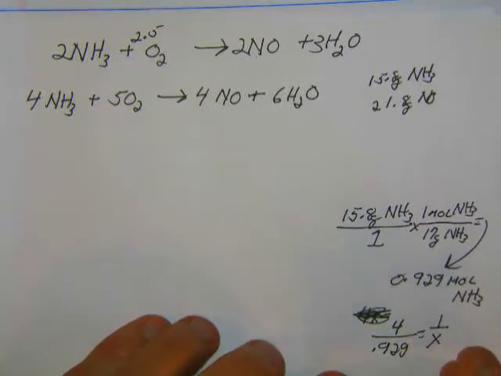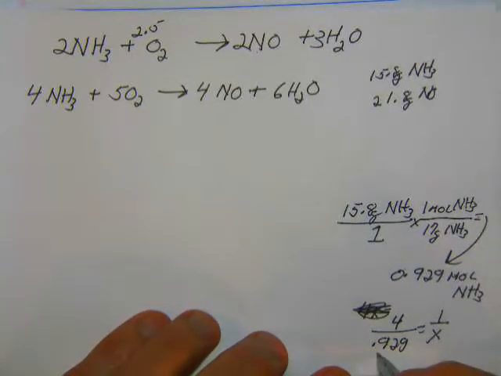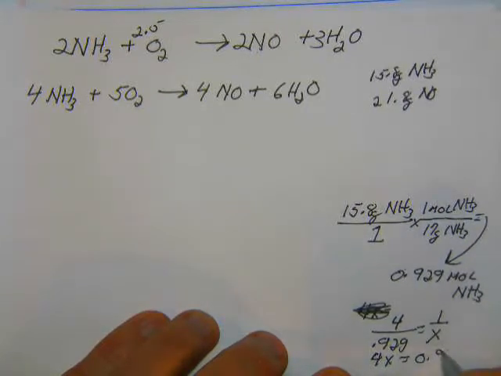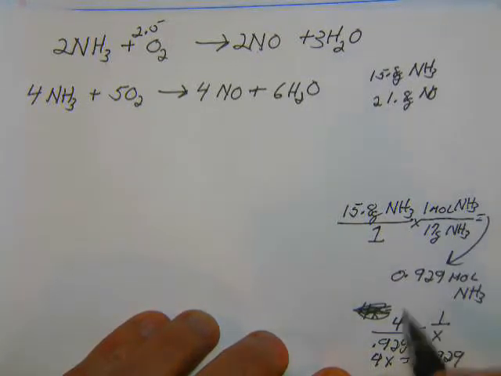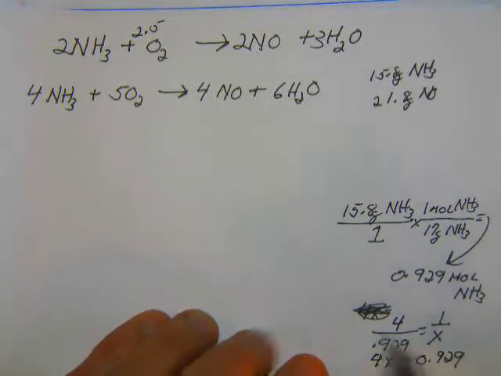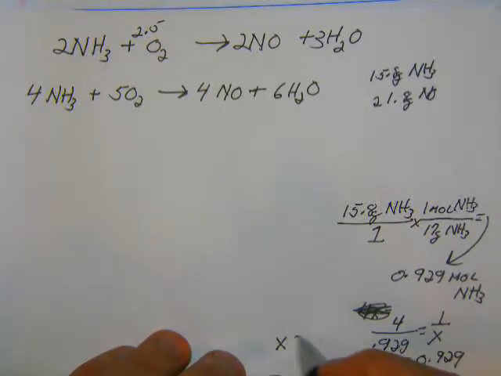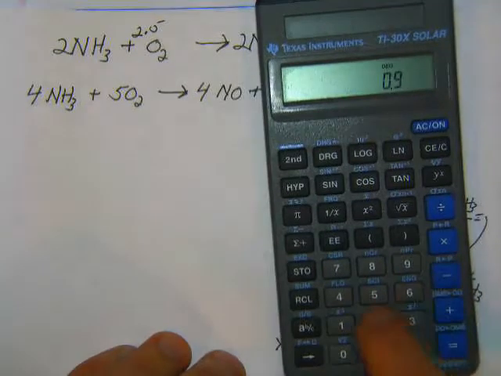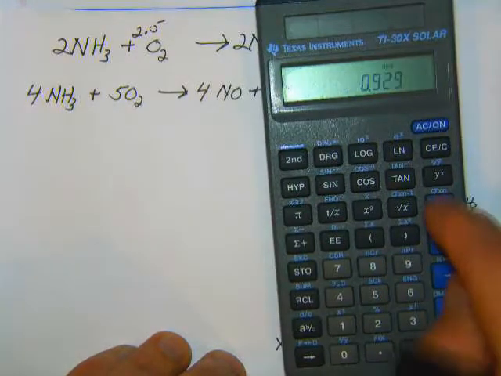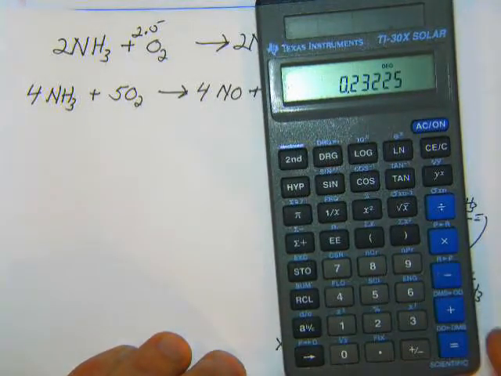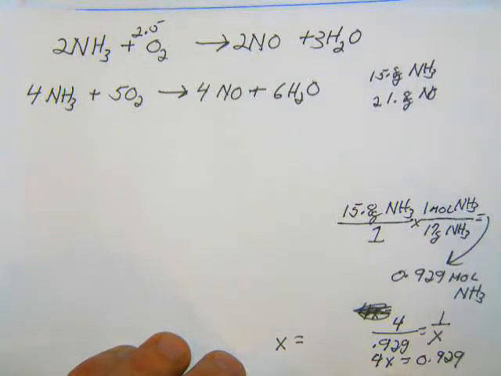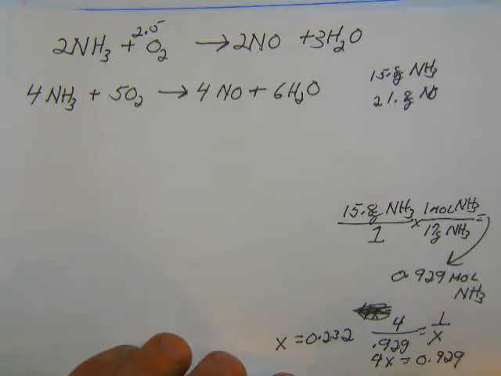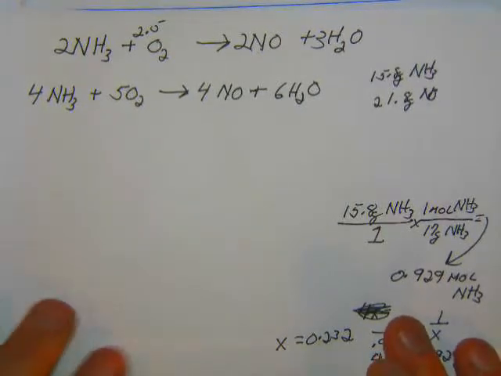Same thing we've done before. 4x equals 0.929. So what does x equal? x equals 0.929 divided by 4, 0.232. Alright, so that's what 1 will equal.